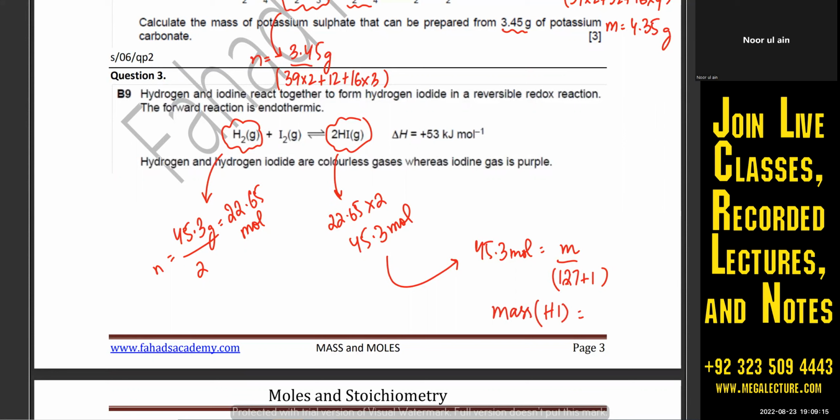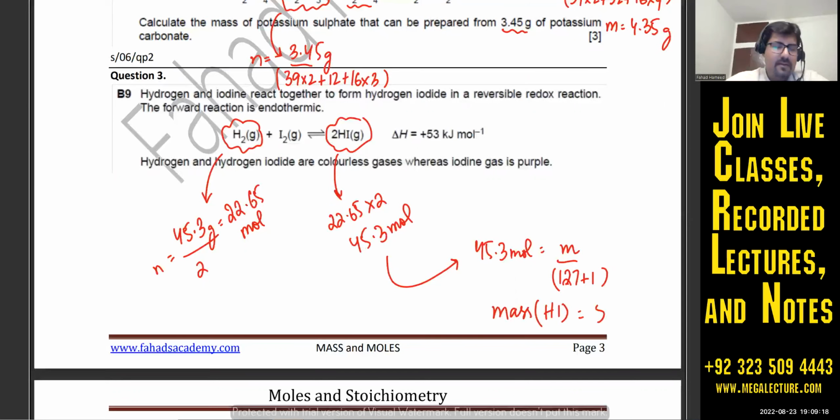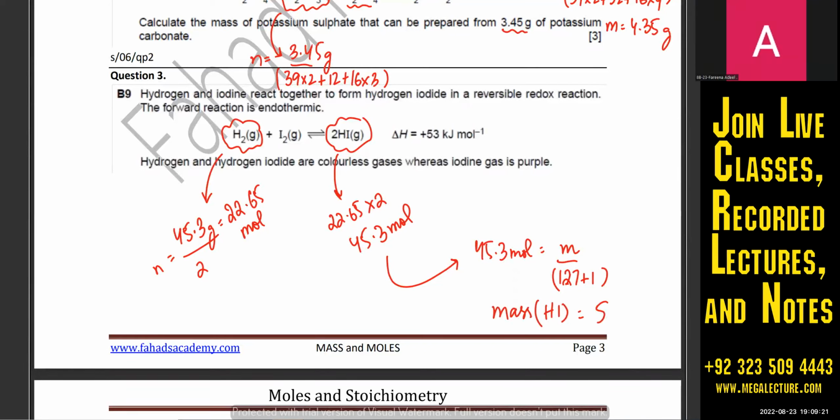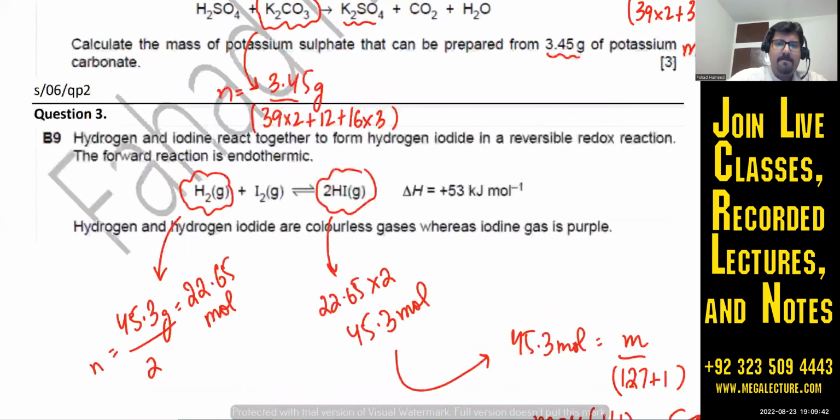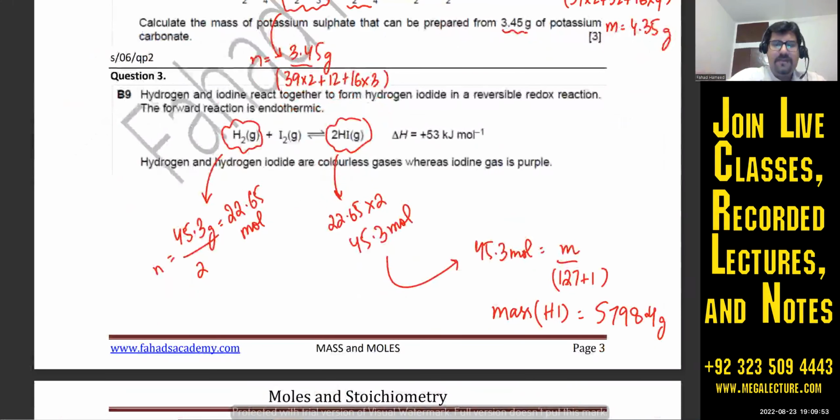It's 128 multiplied by 45.3, which is 5798.4.